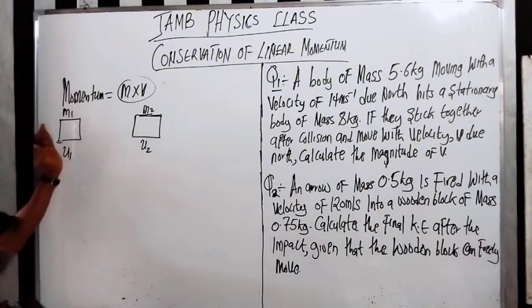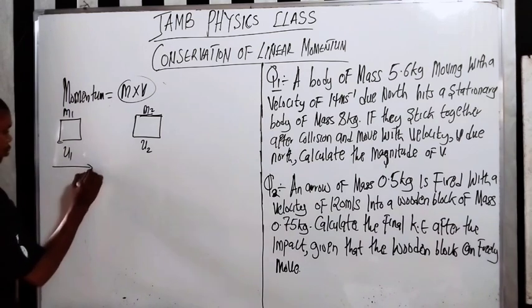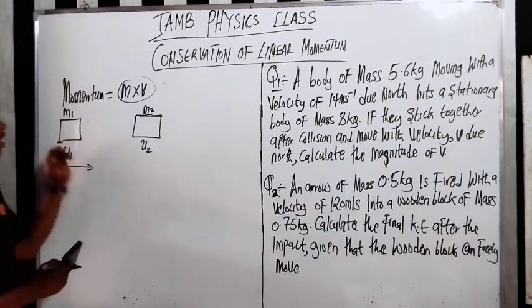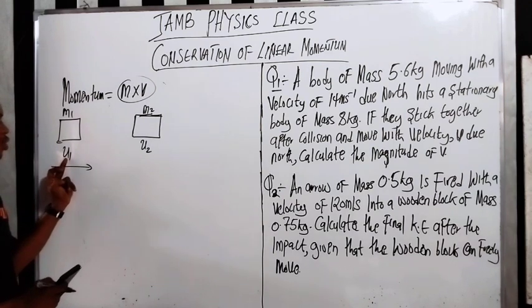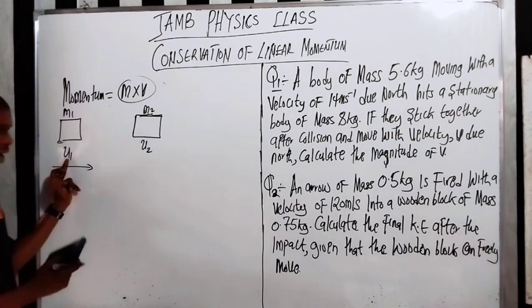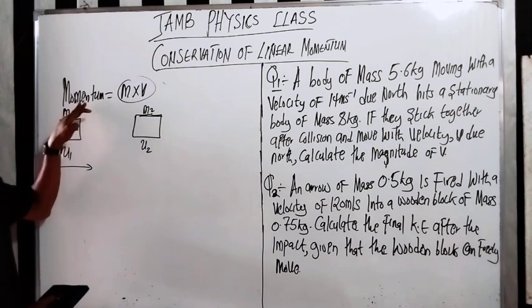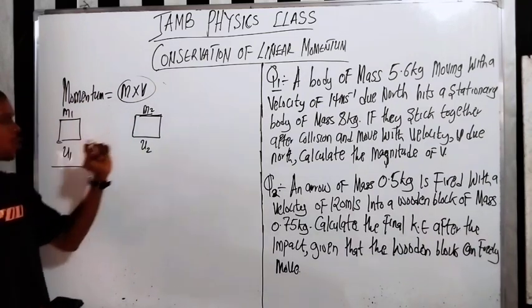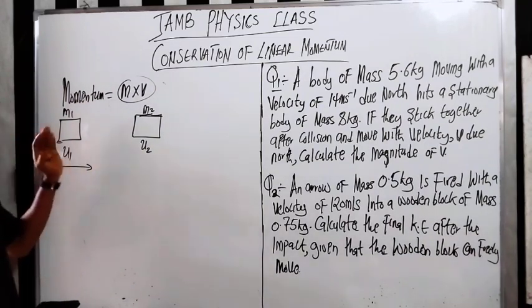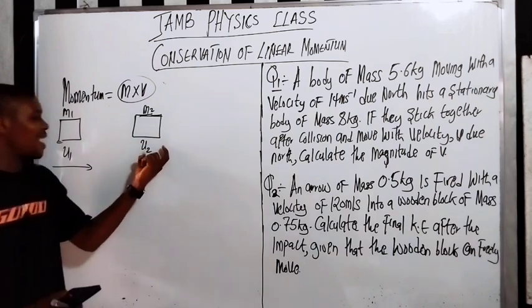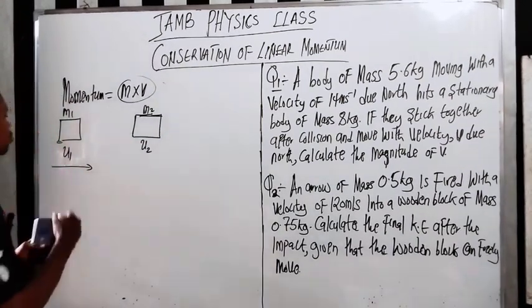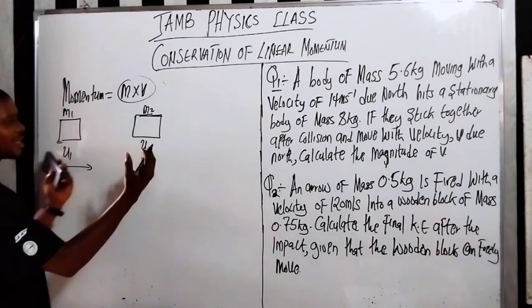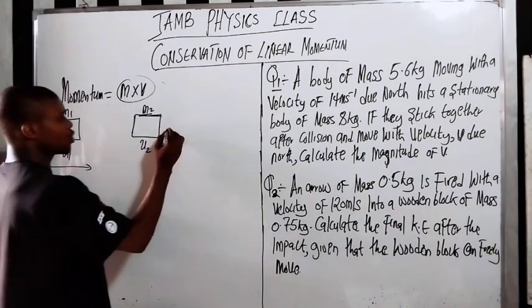At first, this body is moving towards the other, so it has its own mass and initial velocity, because momentum is associated with movement. If the other body is stationary, that is not moving, and this one moves towards it and hits it, they will stick together.